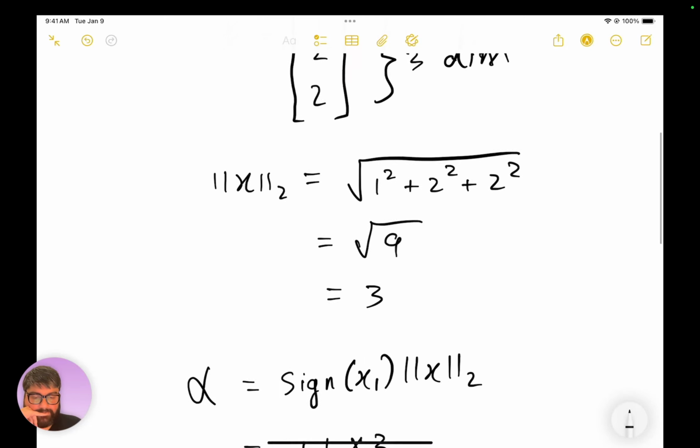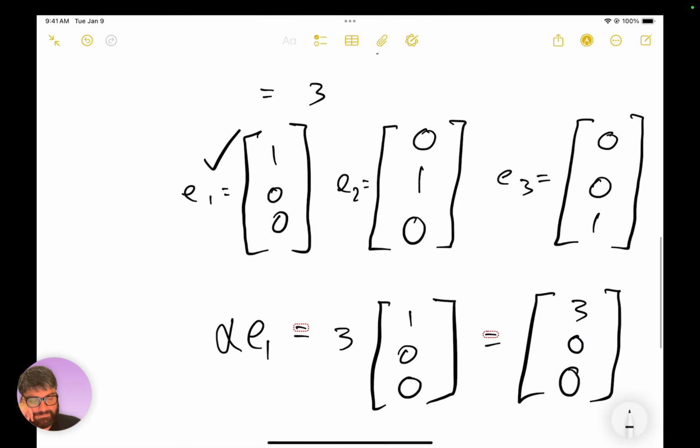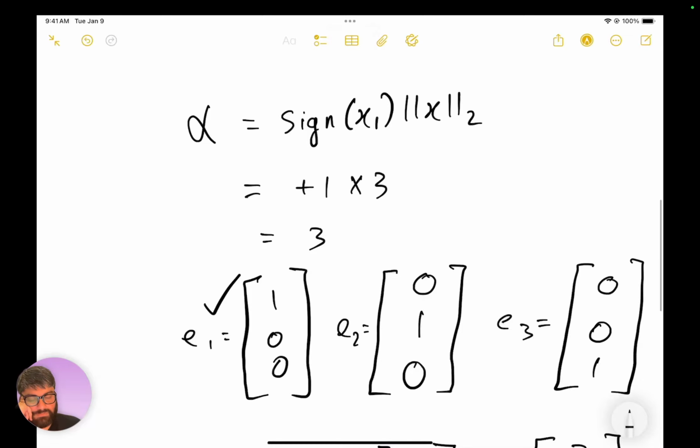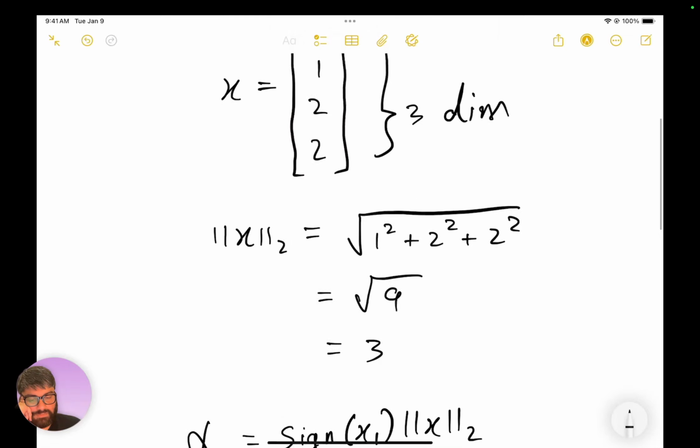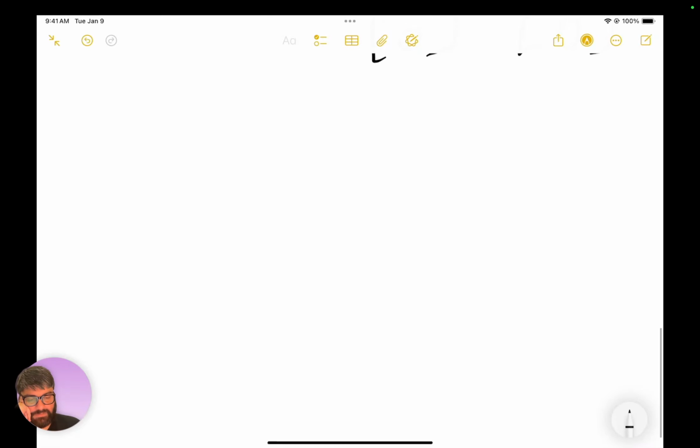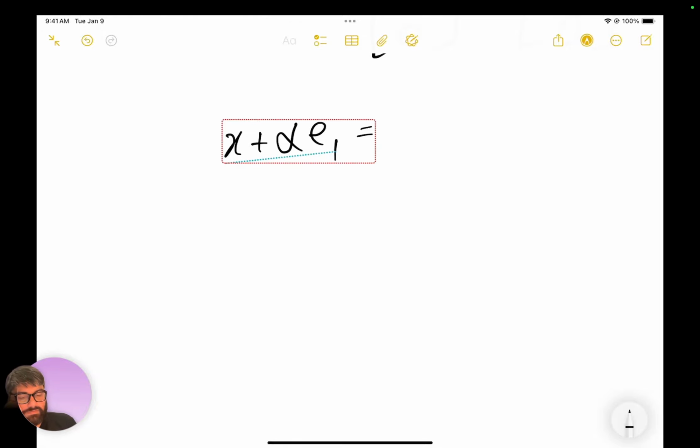So what is the next step? We do x plus alpha E1. Now, I believe this is vector V, called V, which is x, which is 1, 2, 2.